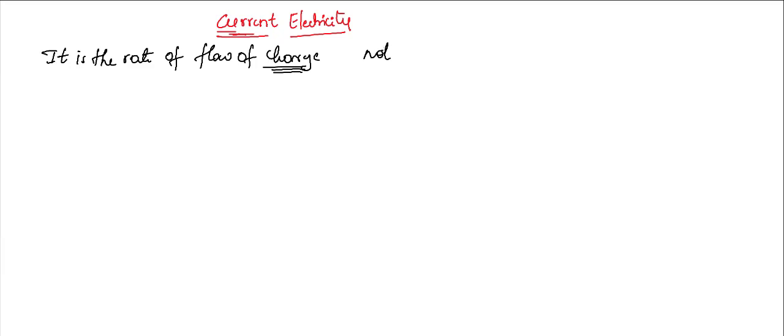What is the current? The current is nothing but the rate of flow of charge. You have to keep in mind that it is not the flow of electrons, it is the flow of charge, not the electron.